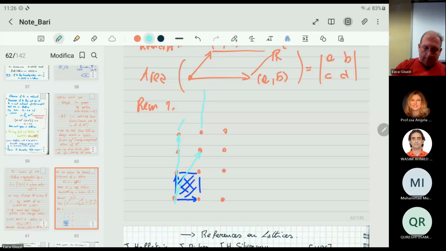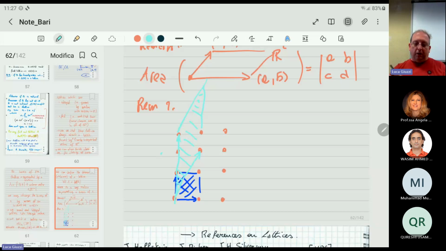Should be correct, more or less. Plus one, yes, it should be a basis of our lattice, provided they are co-prime, because if we do the differences here, it should be okay.